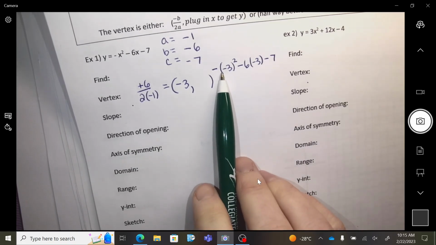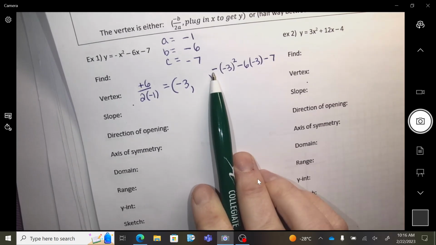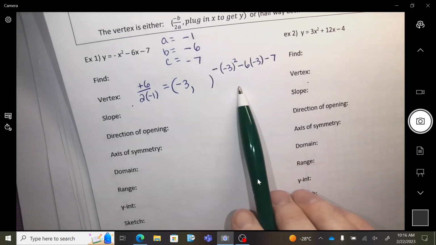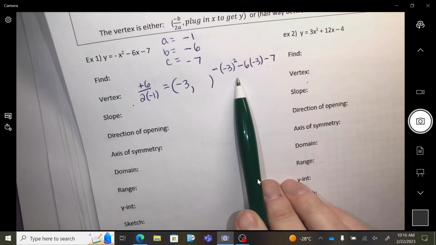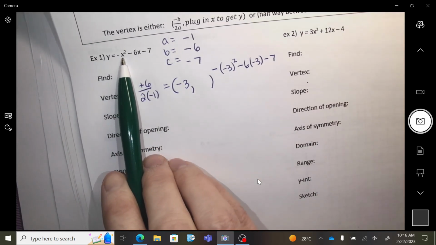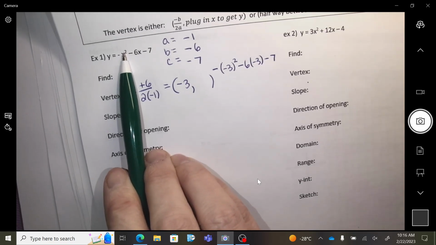Do you notice how I wrote this? What is the negative of negative 3 squared? 20% get this wrong on the test, doing the math on this. Remember, BEDMAS says, what is negative 3 squared? 9.